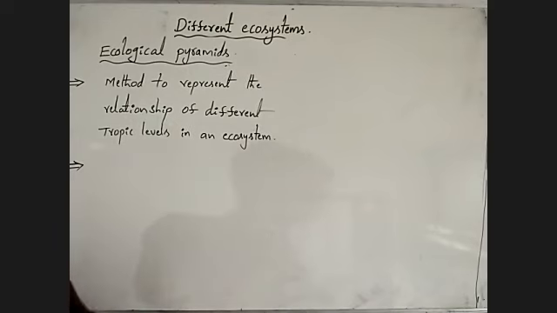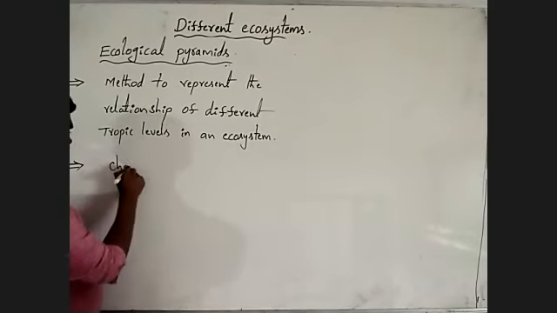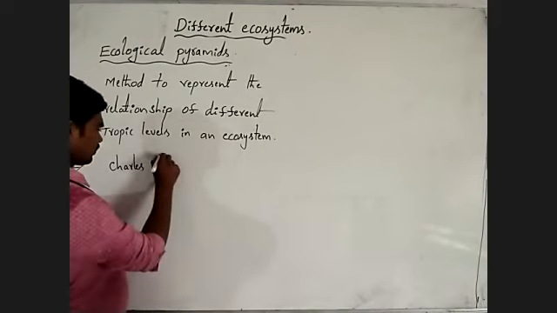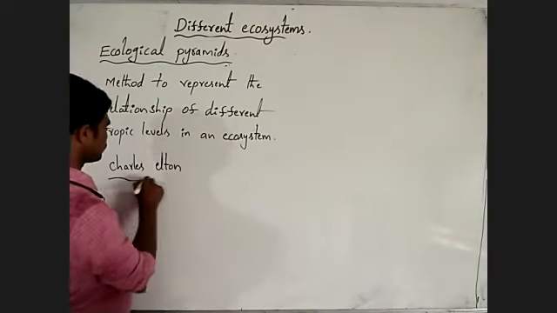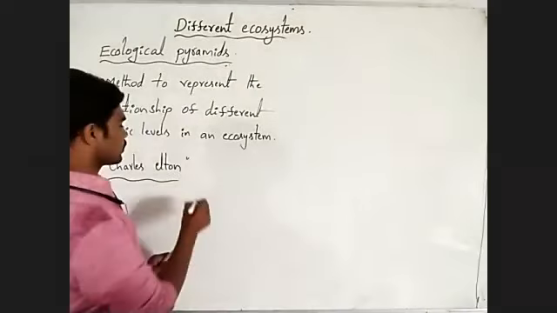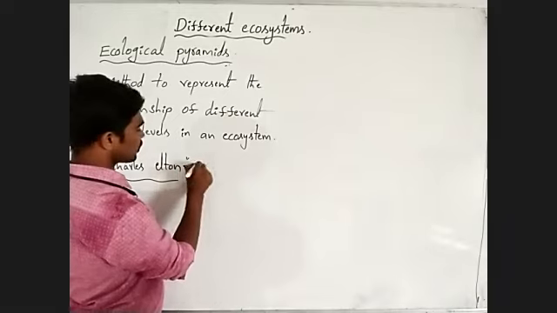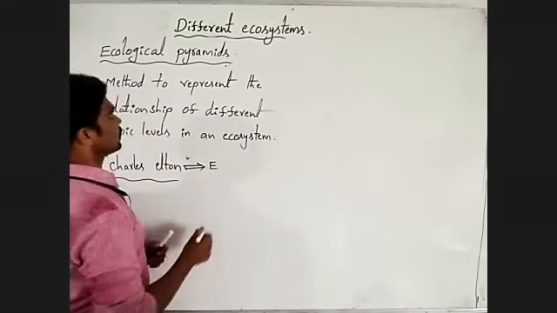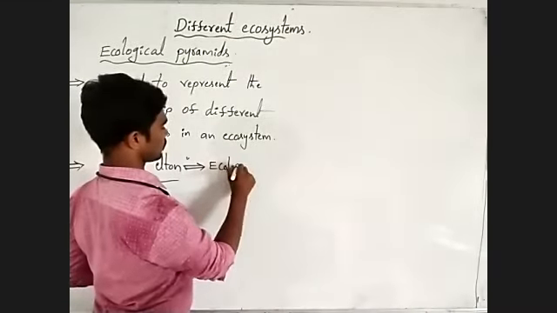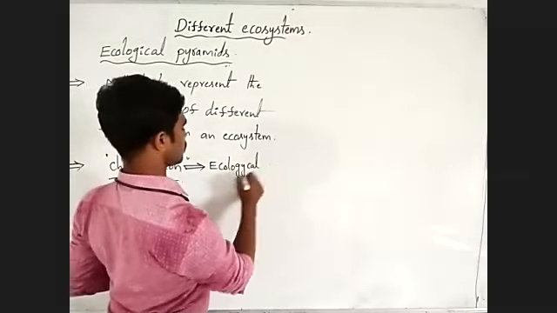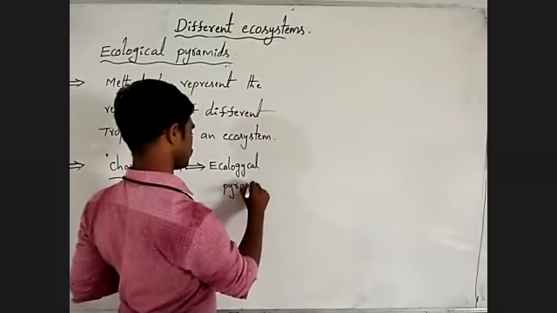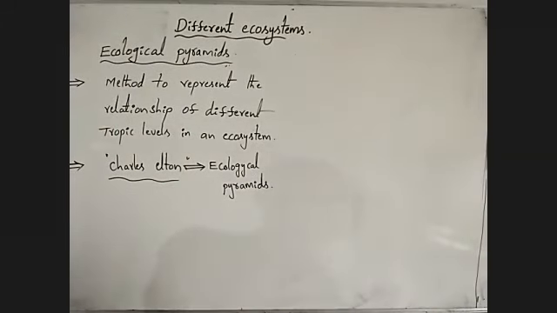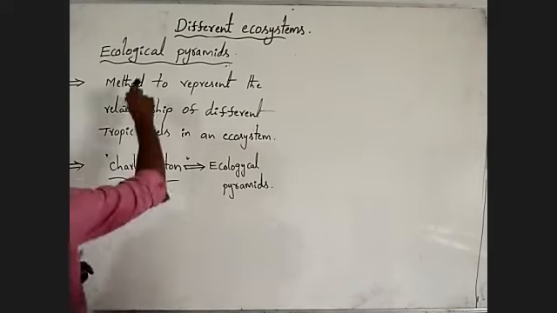Charles Elton first proposed the concept of the ecological pyramid. Here, how can we define the ecological pyramid?